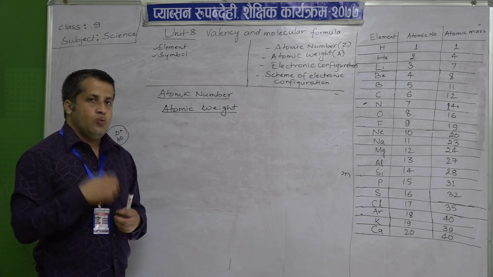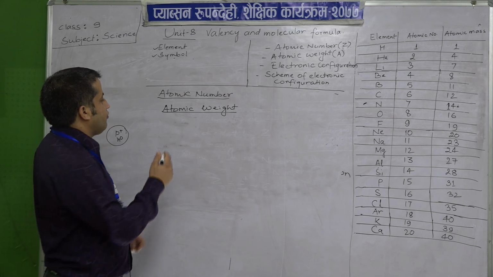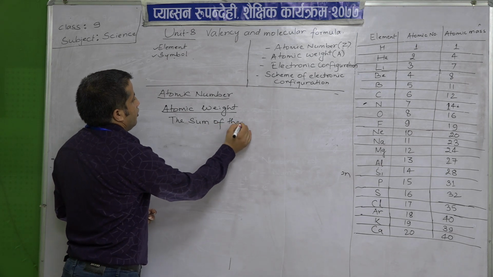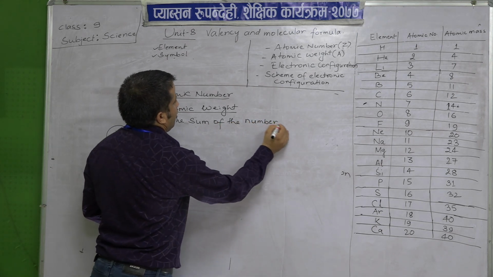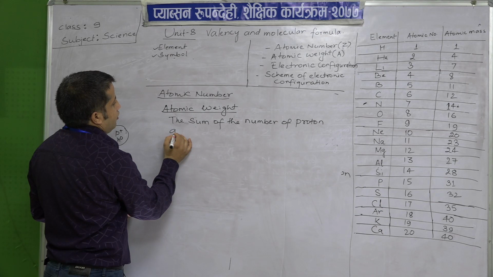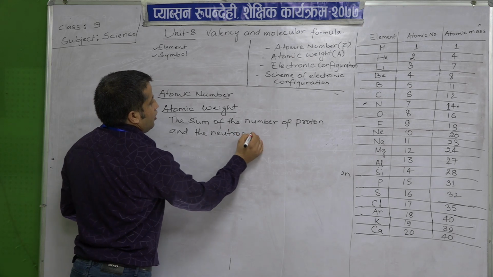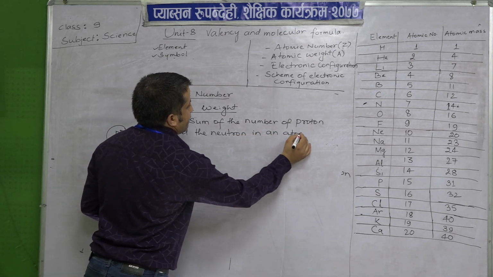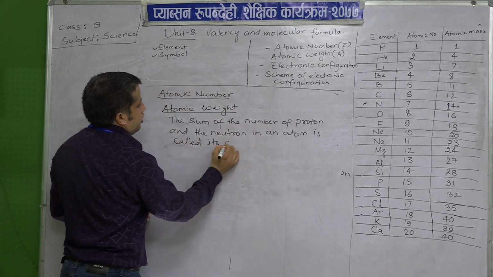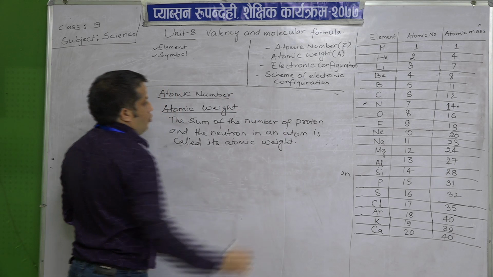But in actual, what is the definition or formula is that the sum of the number of protons and neutrons in an atom is called its atomic weight, or sometimes atomic mass.